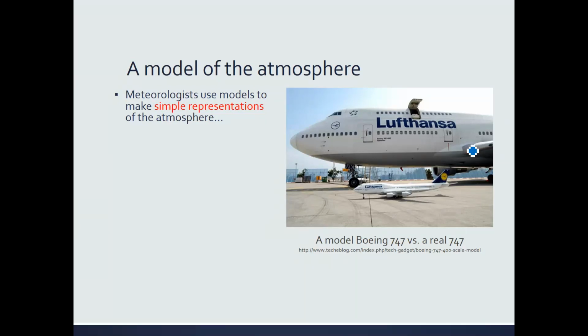Now let's say I create a model of it. And let's say I don't need passengers to fly in the model. There's no cockpit, so I don't need instruments and stuff in the cockpit. Since I'm not loading any passengers or equipment into it, I don't need doors. I take away a lot of these different complex pieces to create a more simplified representation. That's what a model is.